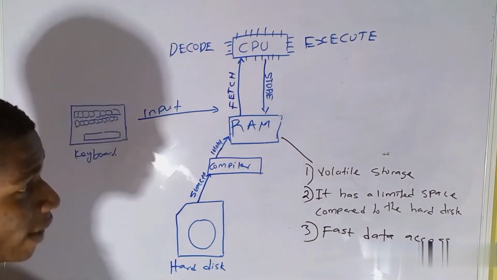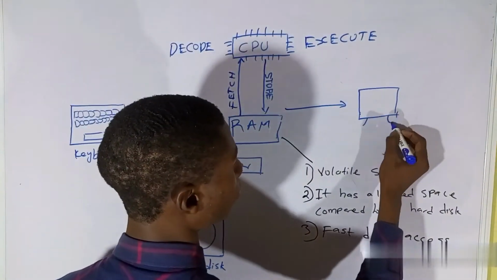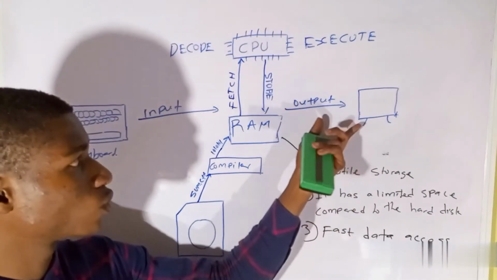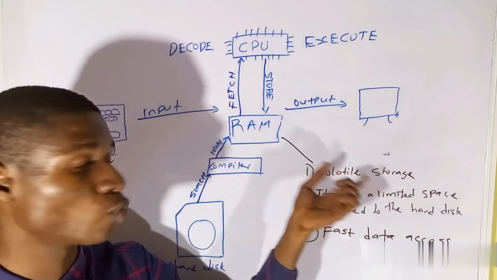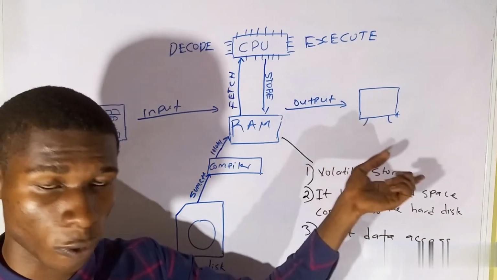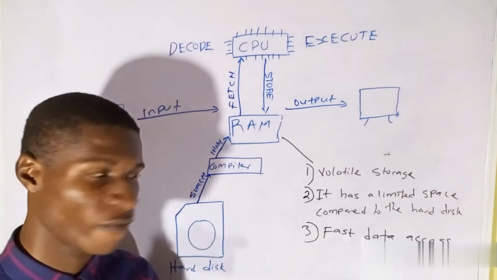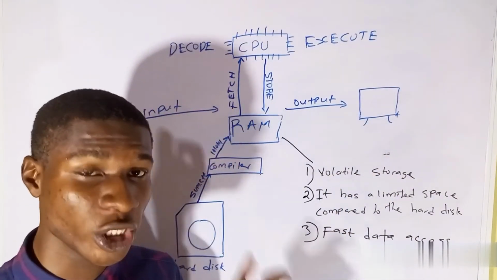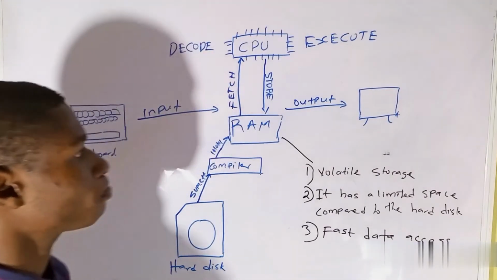Then at the end we expect an output. The output comes to the output device, which in this case is a monitor. An output device is a device that is able to convert data in the computer readable form to the human readable form. So I believe you get that.